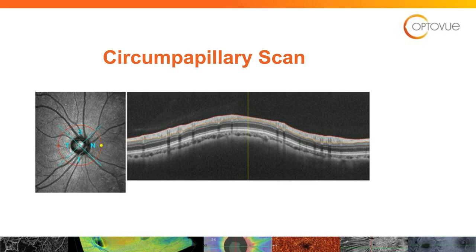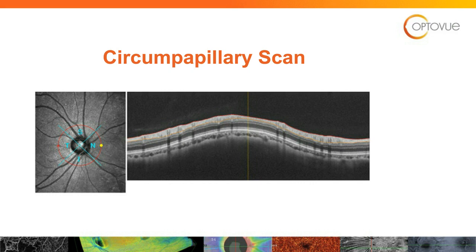And this is maybe a way for us. We can go back and really look at the circumpapillary scan to make sure that our scan is accurate. Make sure that those layers are well defined. Make sure we're not missing some of those areas from patients blinking.